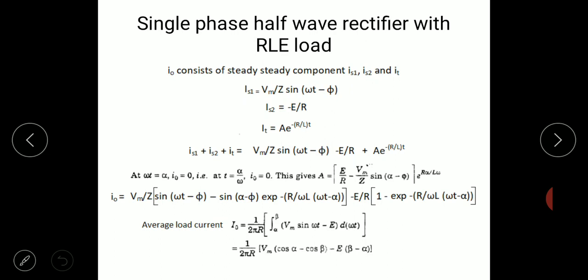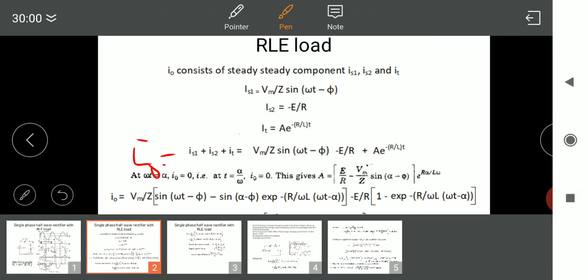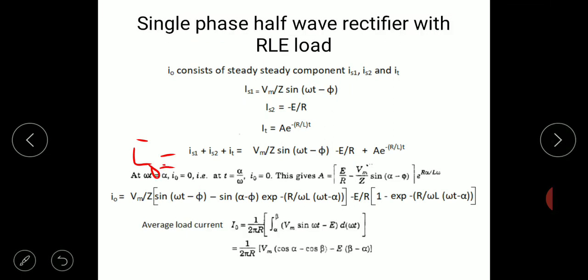The total I naught current becomes IS1 plus IS2 plus IT. This is IS1, this is IS2, and this is IT. To determine capital A, we will have to put that at omega t equal to alpha, I naught is equal to 0.